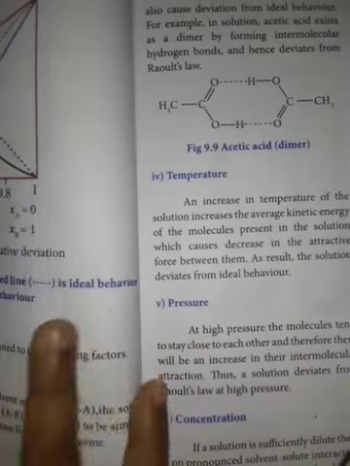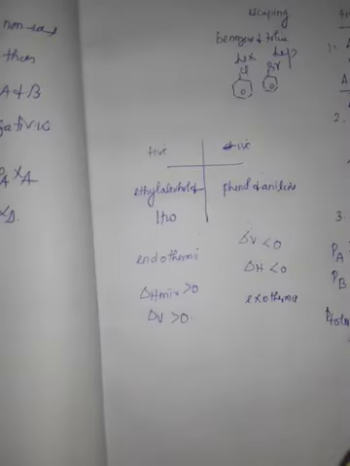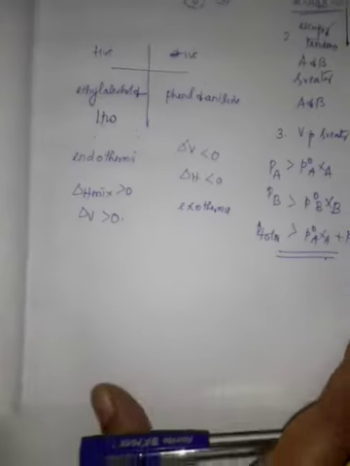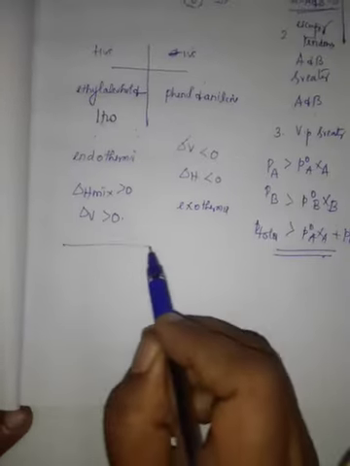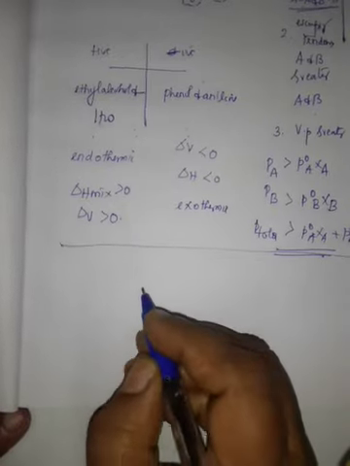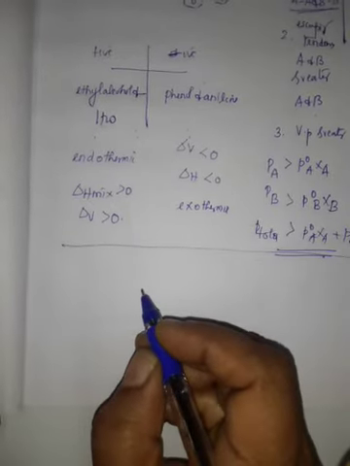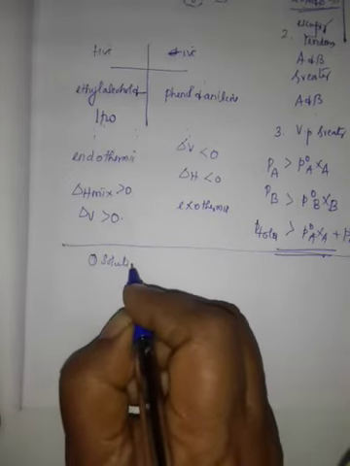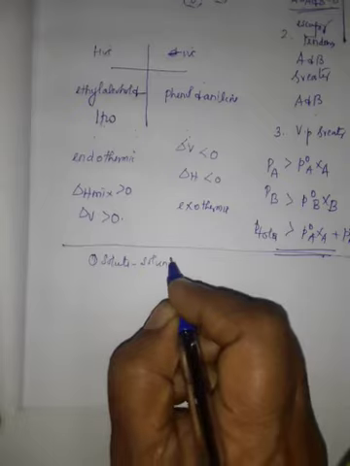So some of the factors which deviate from Raoult's law. Number 1, solute-solvent interaction.